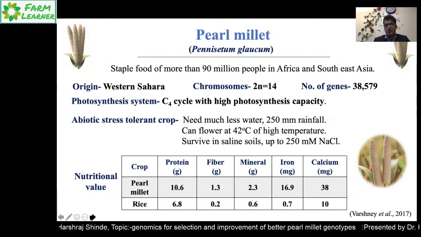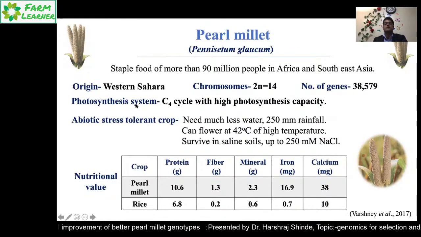It is diploid, with chromosomes 2n equal to 14. And in 2017, Rajiv Varshney's group at ICRISAT sequenced the genome of pearl millet and estimated 38,000 genes in pearl millet. It also has very high photosynthesis capacity compared to other crops.